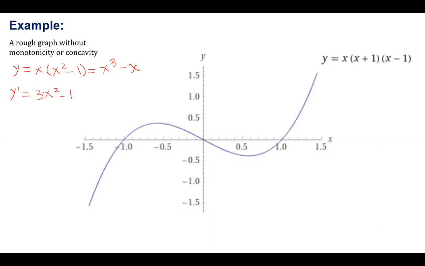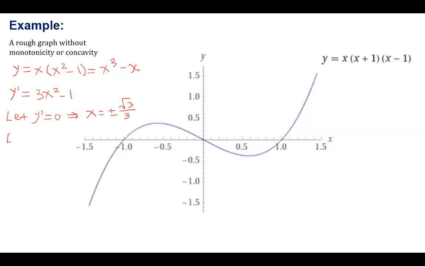So in order to find the increasing or decreasing intervals, first we can let y prime equal 0. And this gives us x is either positive or negative square root of 3 over 3, right?